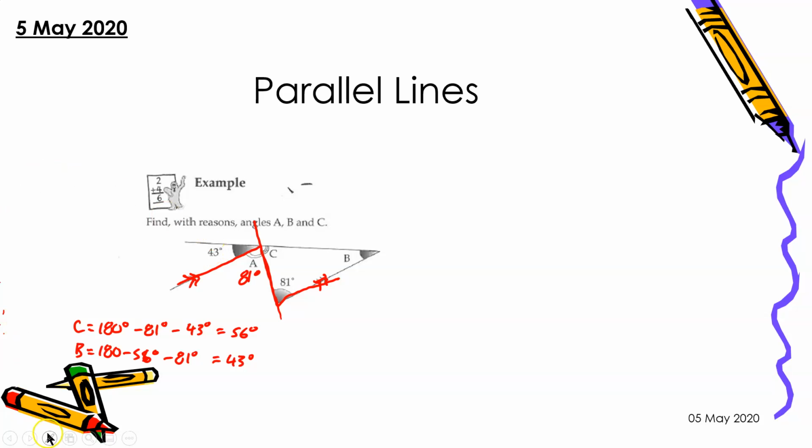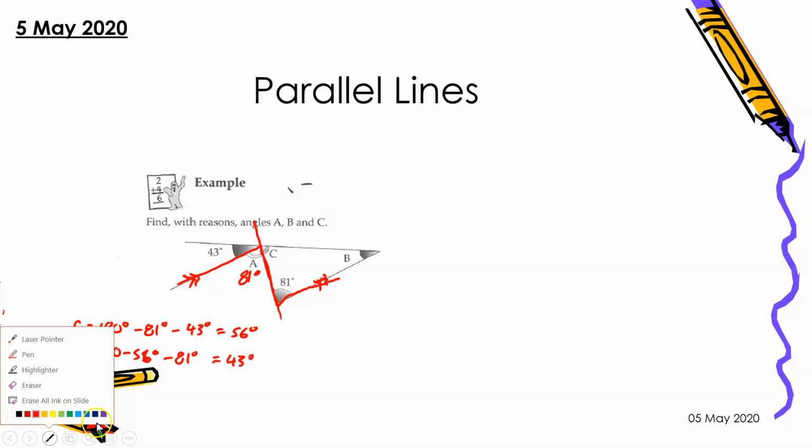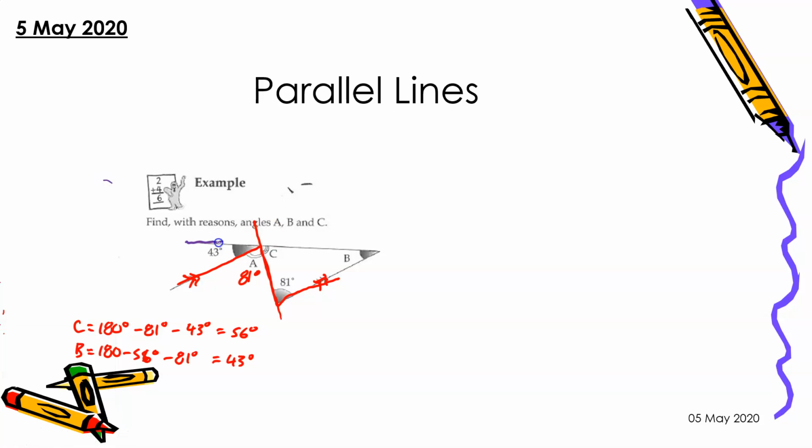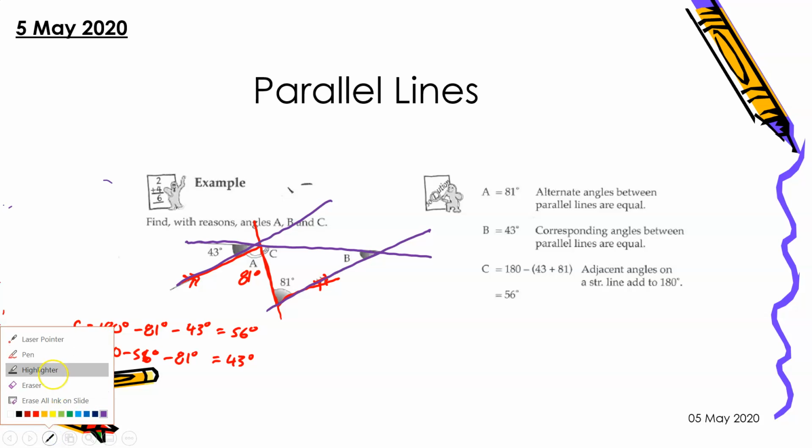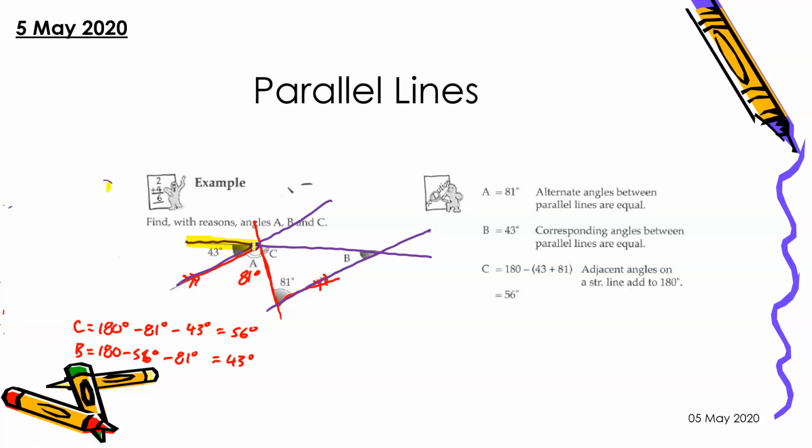That, and I'll change color to show it, that this line here is a transversal line, and this is one parallel line, this is another parallel line, and you can see that there is an F shape for 43 and B, which means it's a corresponding angle. So again, another way of doing it.